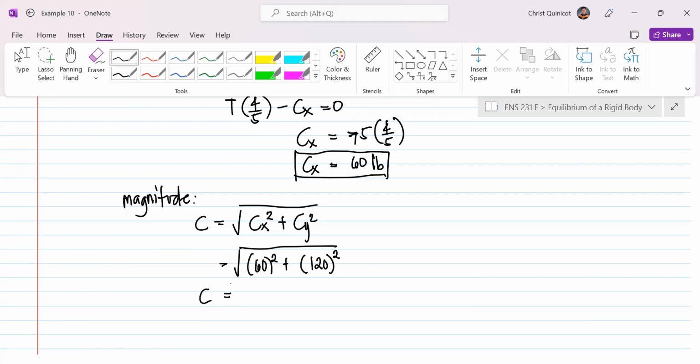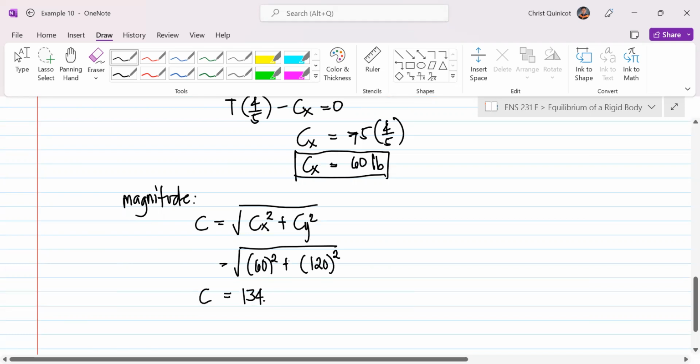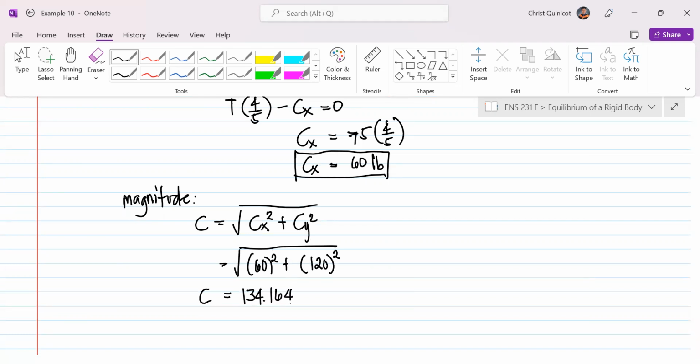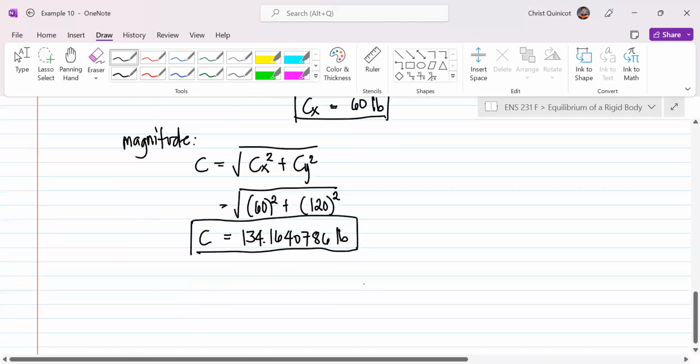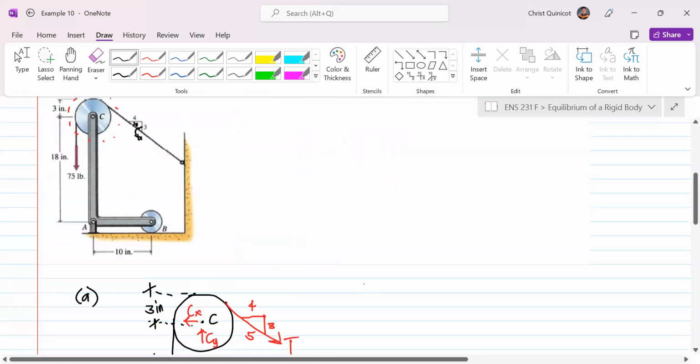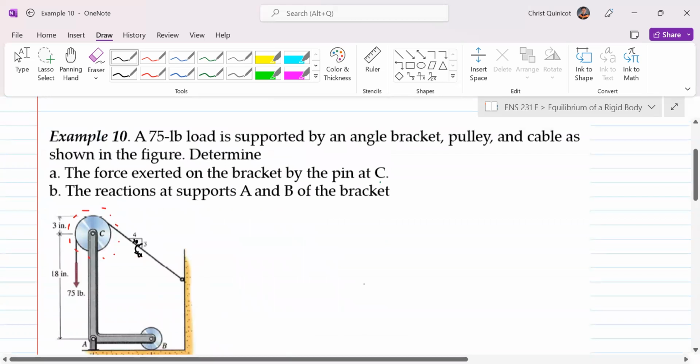The square root answer is 134.1640786 pounds. Okay, so that is the reaction at C, the force exerted.